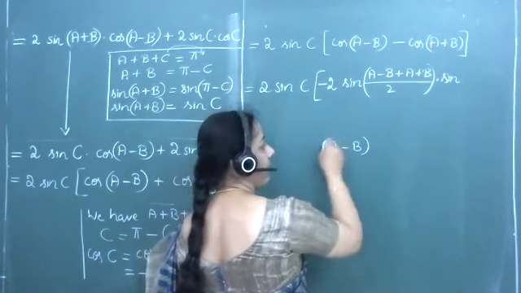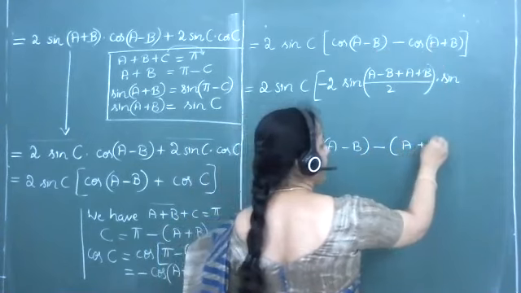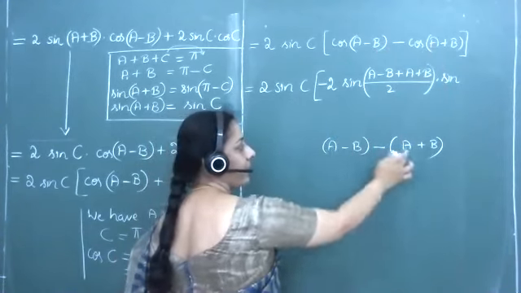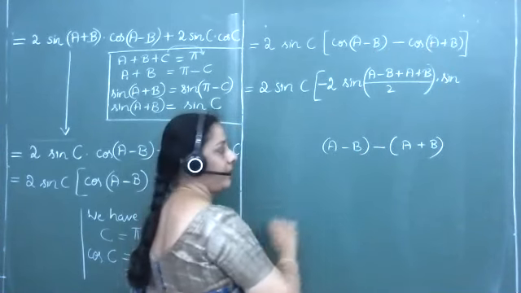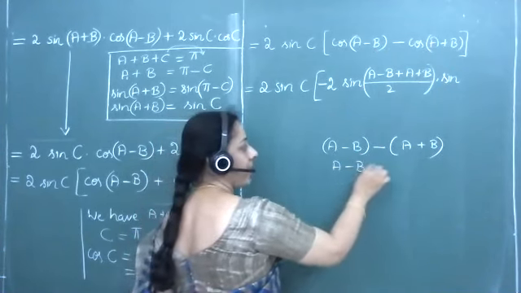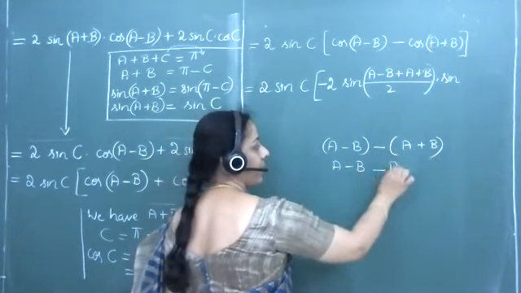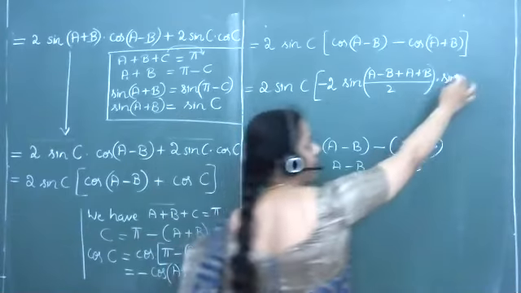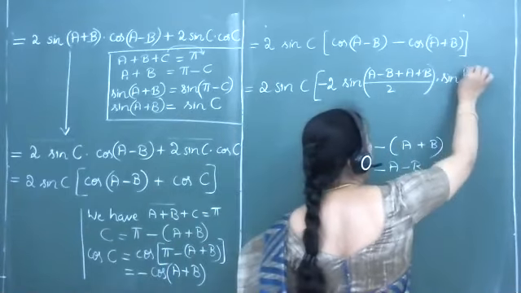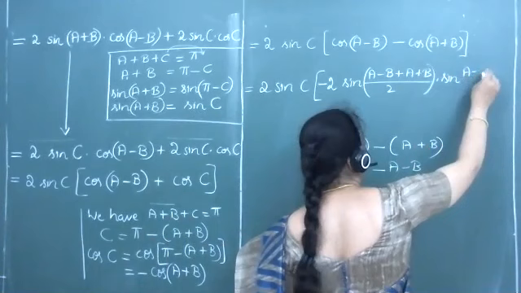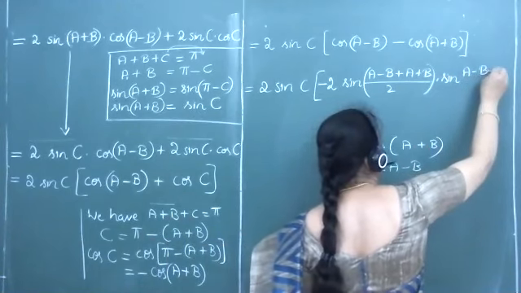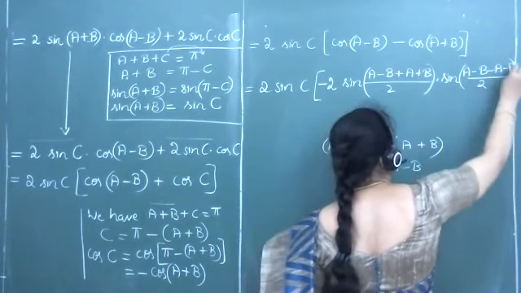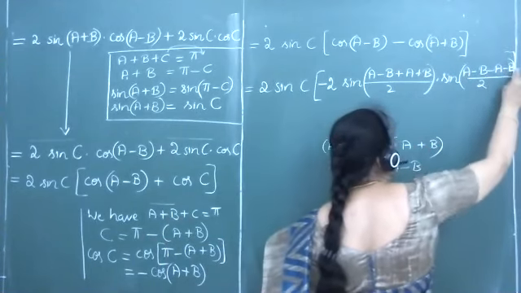So you have A minus B minus of A plus B. How to simplify? This is nothing but difference of the two angles, C minus D, which we are having now. A minus B, remove the brackets here, you get minus A, minus into plus is equal to minus B, which is what we will take now. So sin of C minus D has to give me sin of A minus B minus A minus B whole divided by 2. Close the brackets.